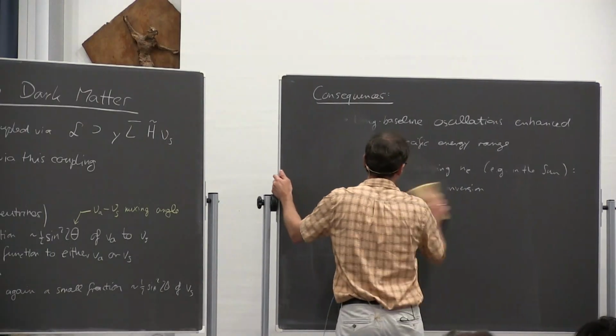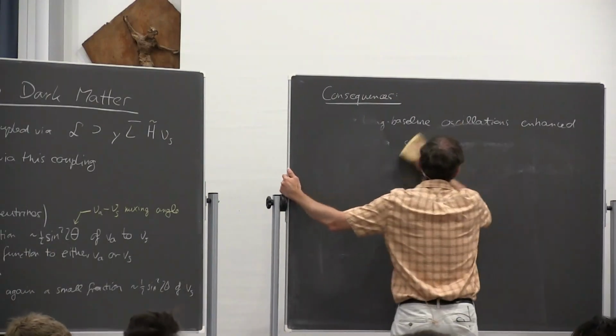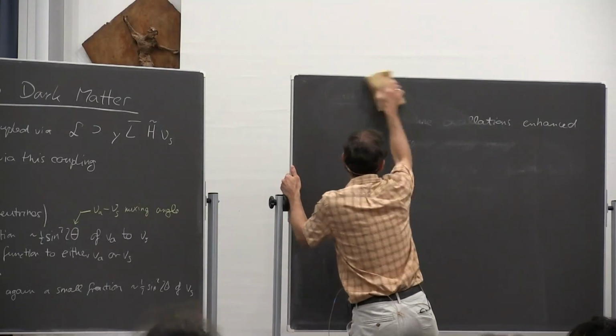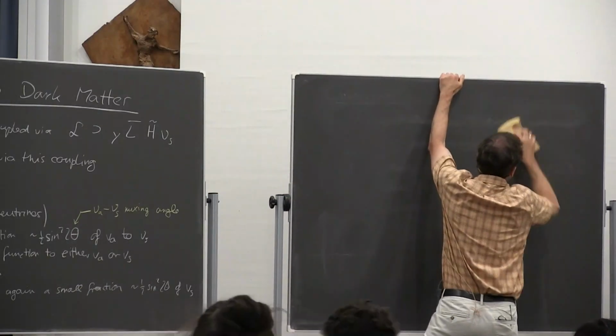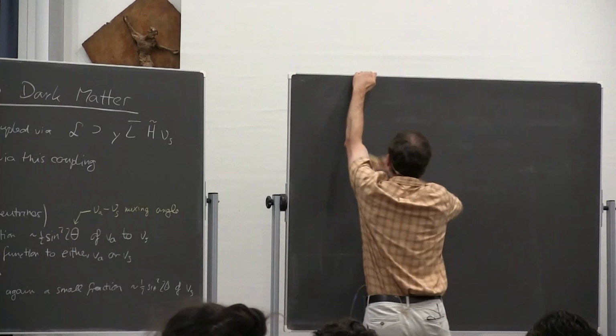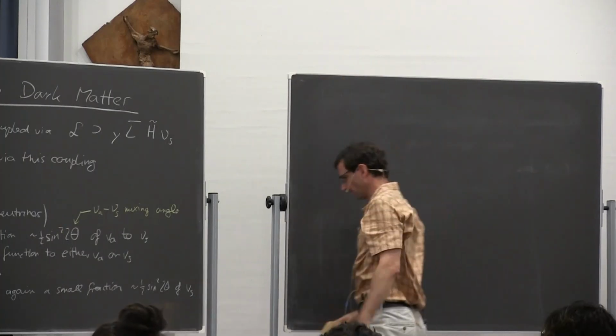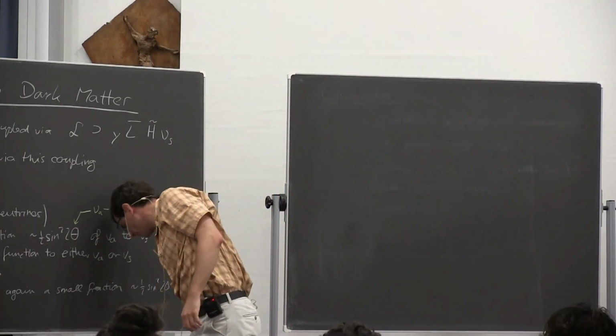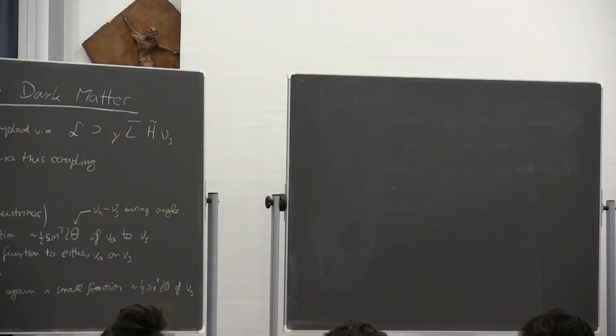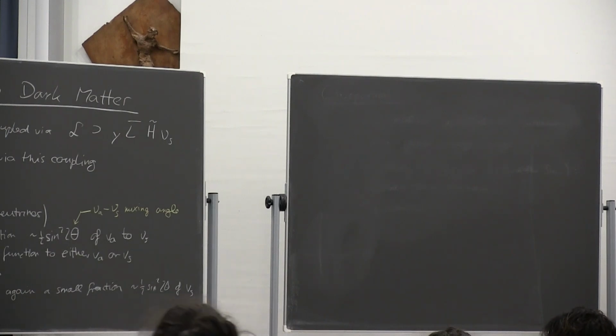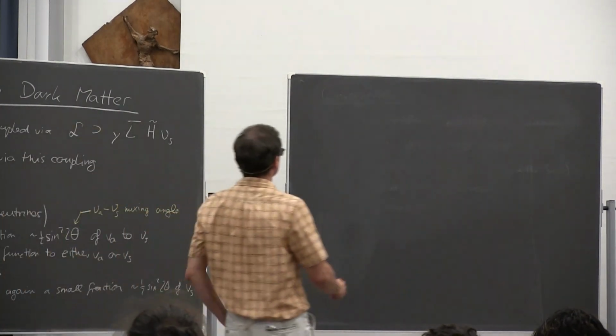So this back reaction is totally negligible. So the net effect is always that you slowly increase the abundance of sterile neutrinos. And this mechanism is called the Dodelson-Widrow mechanism.